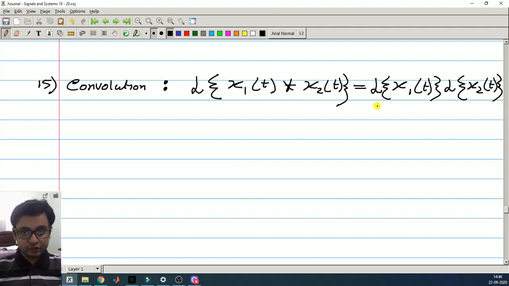This is again very similar to a property of Fourier transform. Okay, so let us try to prove it.